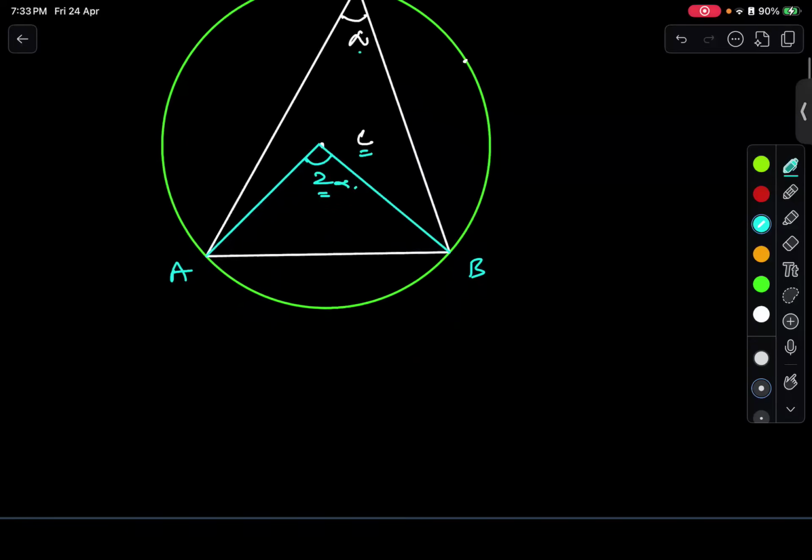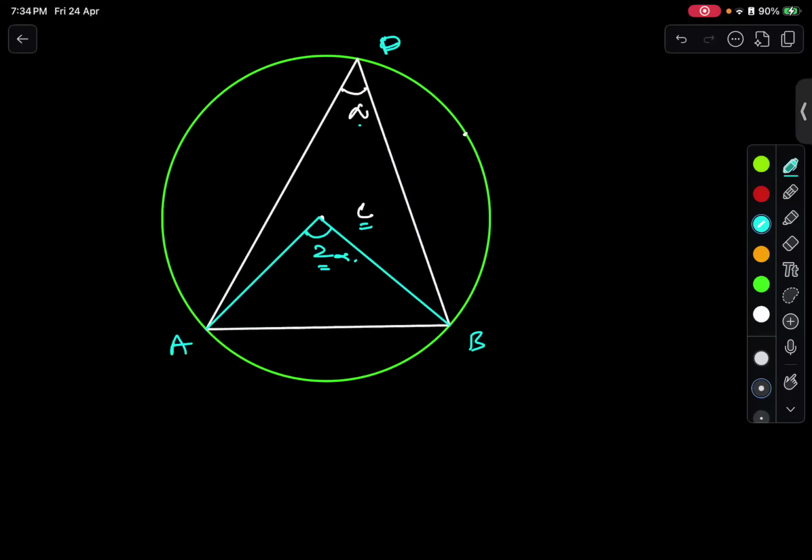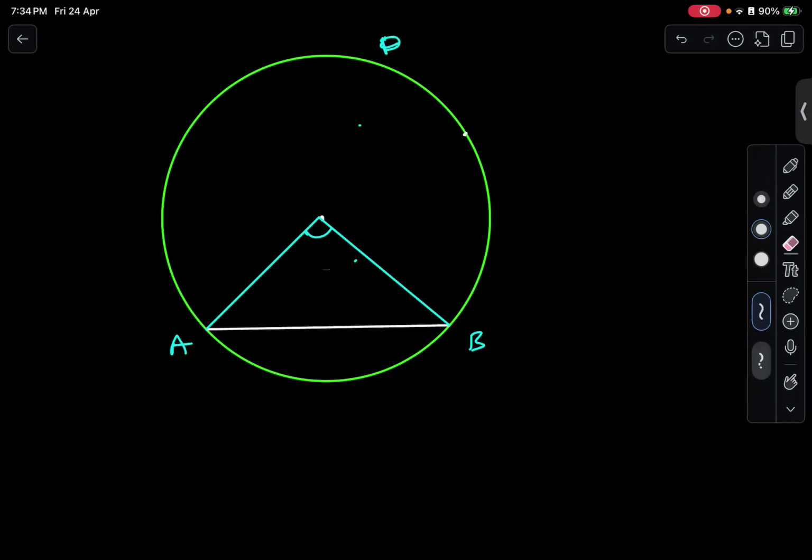Now, the third thing. If I draw a perpendicular from the center, because this is the radius and this angle is 90 degrees, this is C. So can I say that ACD and BCD, both the triangles, are congruent?